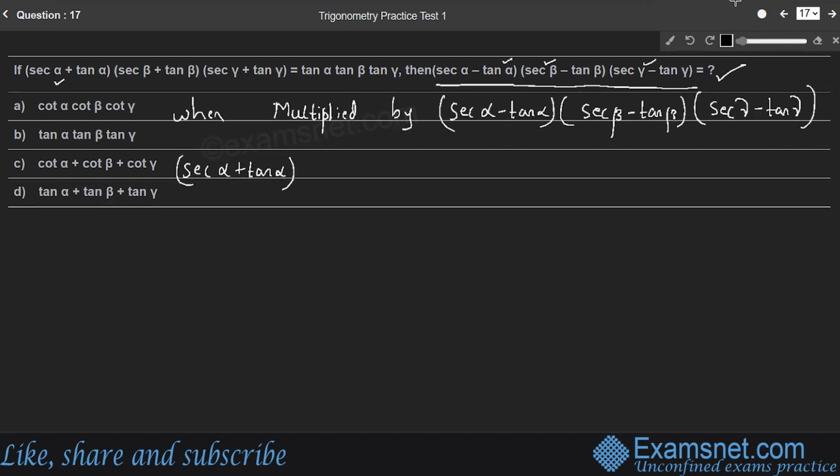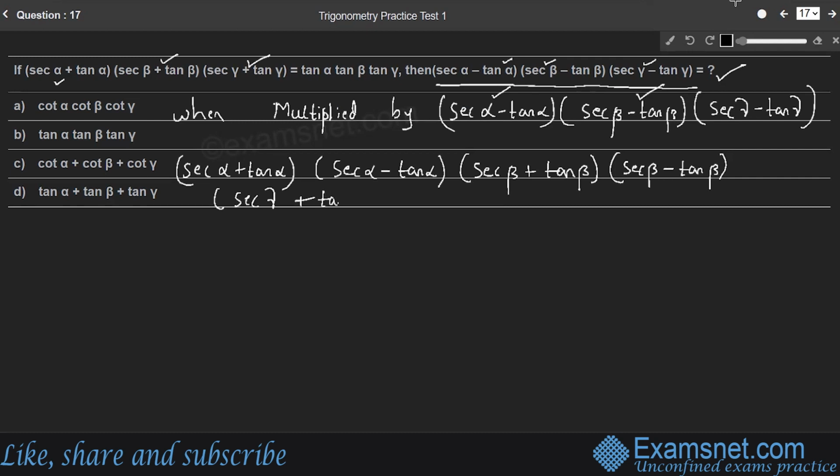We'll consider the similar terms together, so into secant alpha minus tan alpha, into the next term secant beta plus tan beta multiplied by secant beta minus tan beta, into the third term in terms of gamma, secant gamma plus tan gamma into secant gamma minus tan gamma, is equal to the same term multiplied on the RHS.